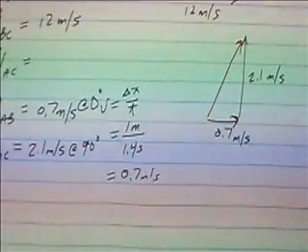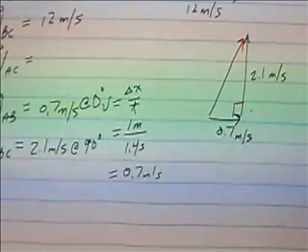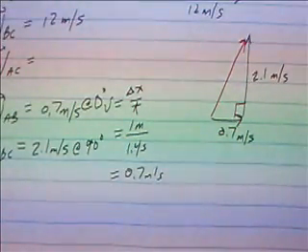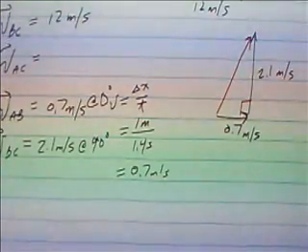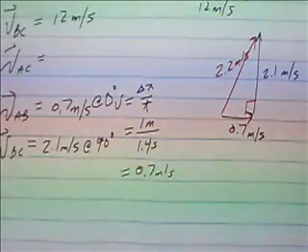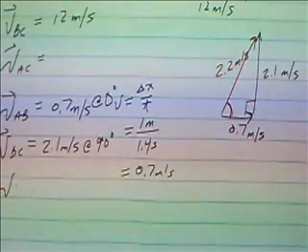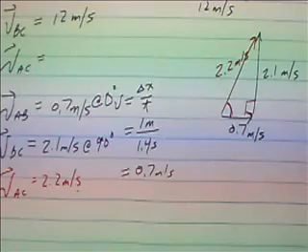And of course, north and east are perpendicular, so we just have to do Pythagoras to get the resultant, which is 2.2 meters per second. And then I need the direction. So VAC is 2.2 meters per second.